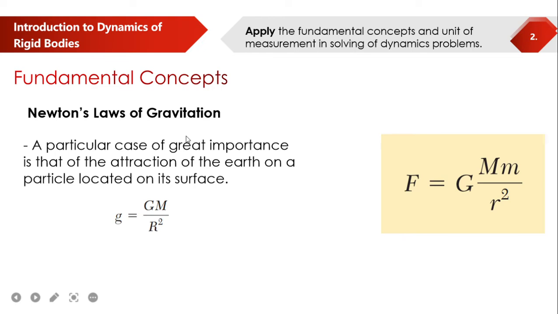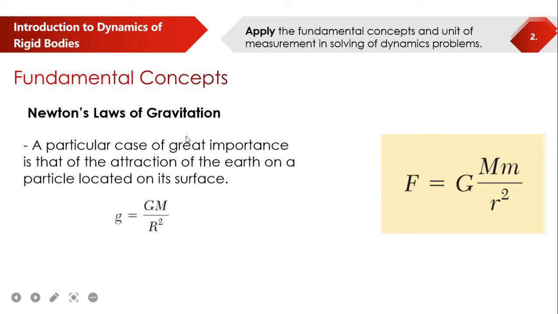When we say weight, it is actually computed as mass times the acceleration due to gravity. And that acceleration due to gravity can be calculated with the use of Newton's law of gravitation, in which g is equal to G, the constant of gravitation, times the mass of the Earth all over R squared, which is the radius of the Earth.